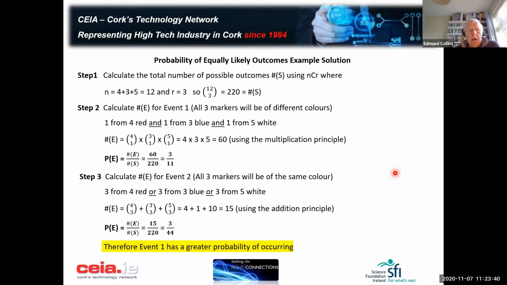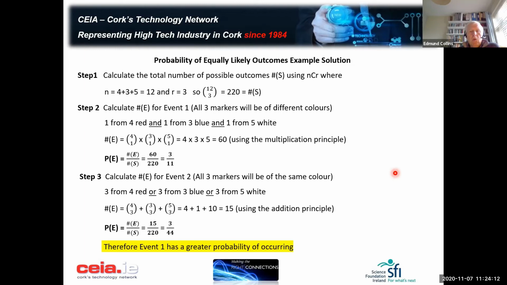So our first event there. For event 1, all 3 markers will be of different colors. So we need to write this out to help solve the problem. We're going to pick 1 from 4 red, because there's 4 red markers, and we'd pick 1 from 3 of the blue markers, and we'll pick 1 from 5 white markers.